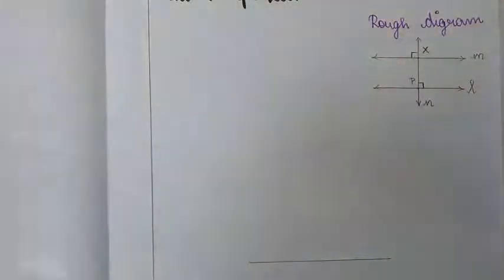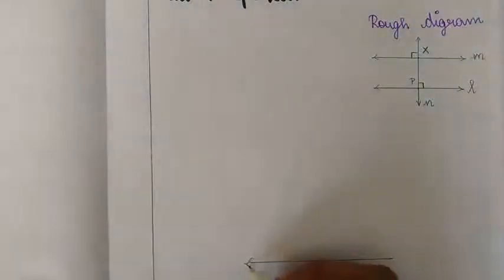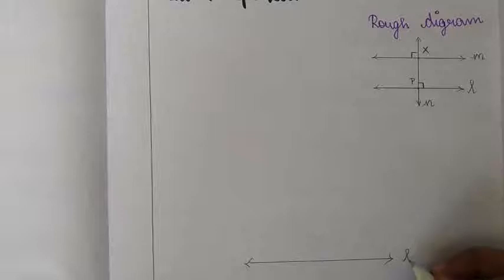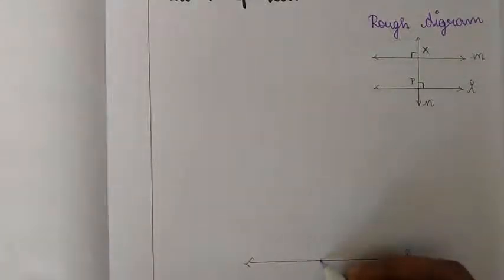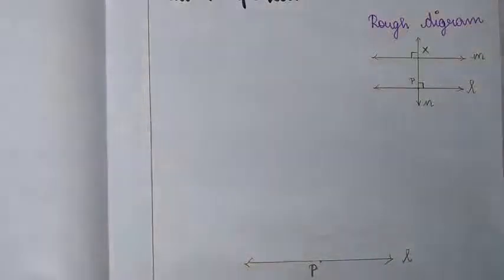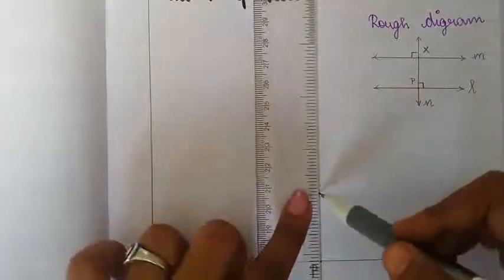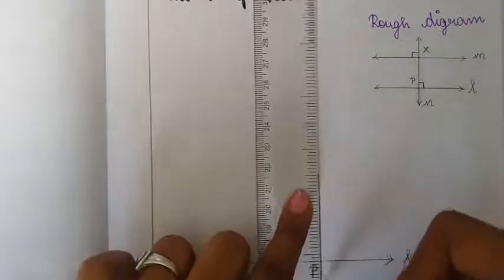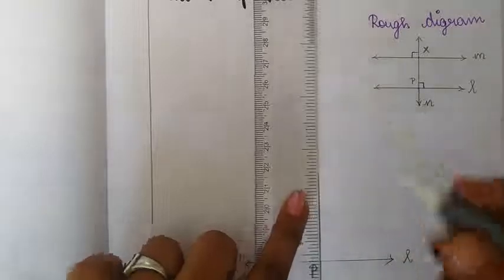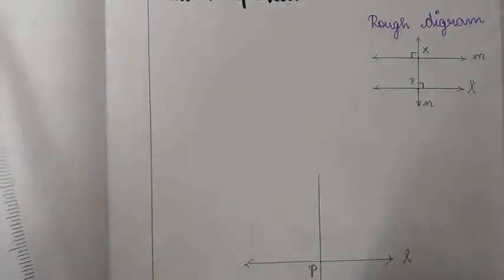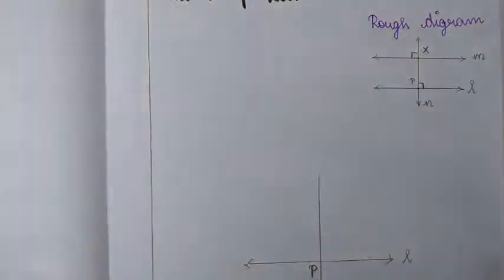This is line L. Then take any point P on line L. So here we can take this one as P. Then at P draw a perpendicular line. It is line N.